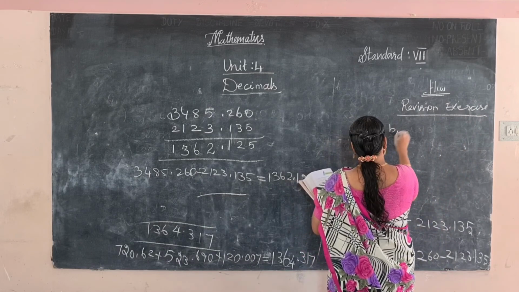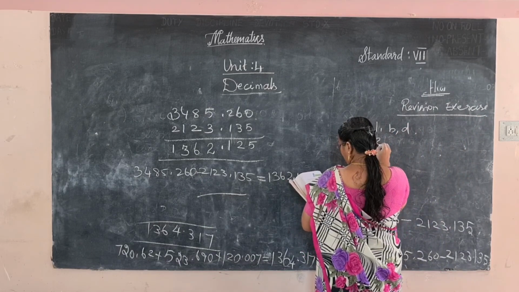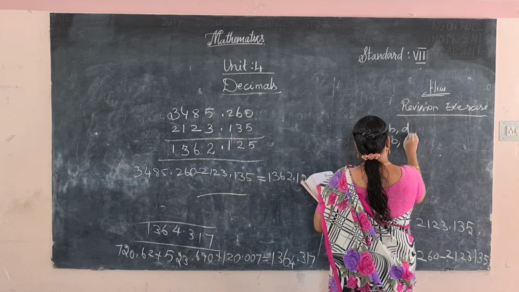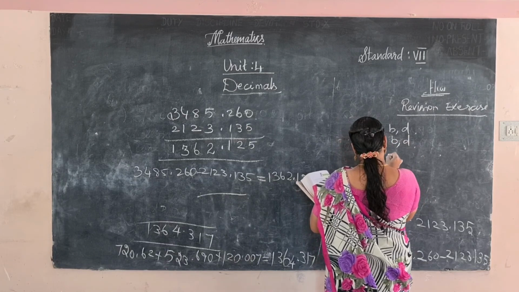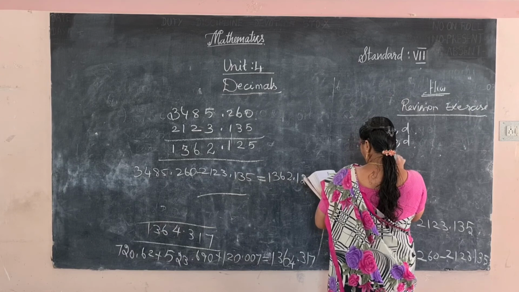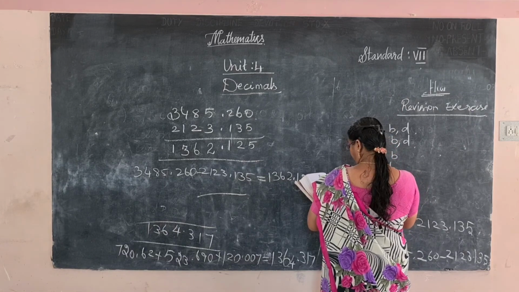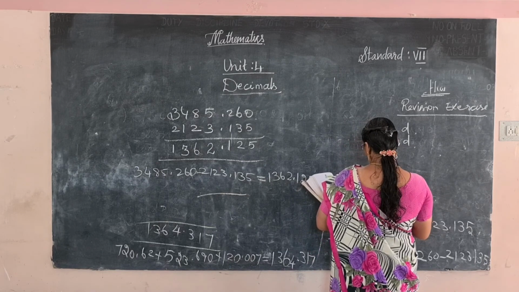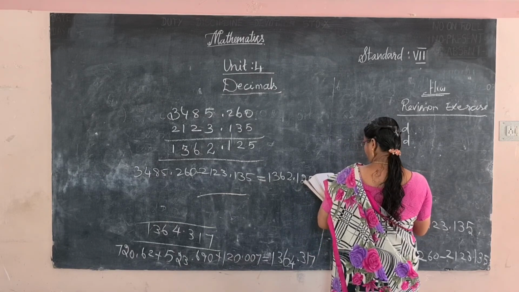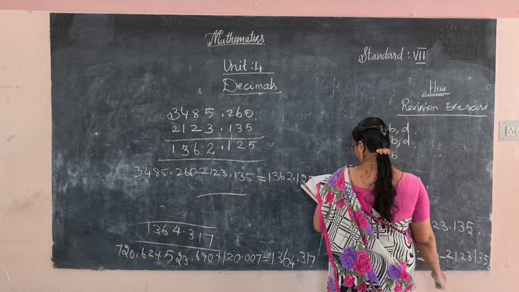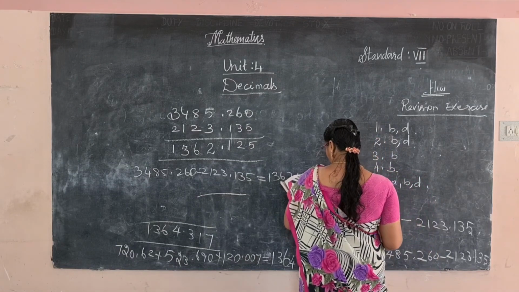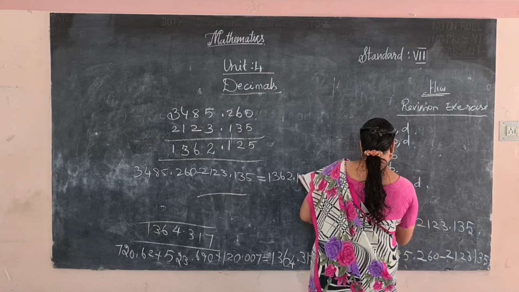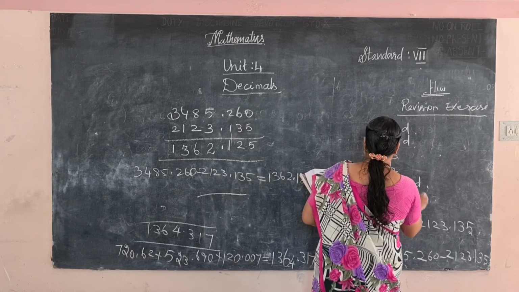First, B and D. Second, B and D. Third, B. Fourth, B. Fifth one, A, B, D. And sixth one, A and B.